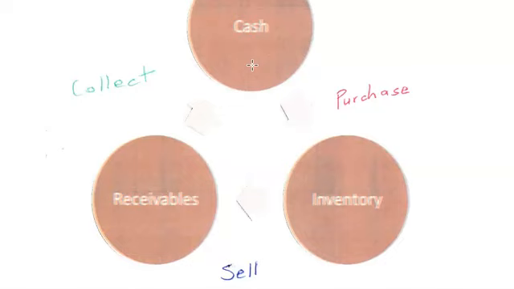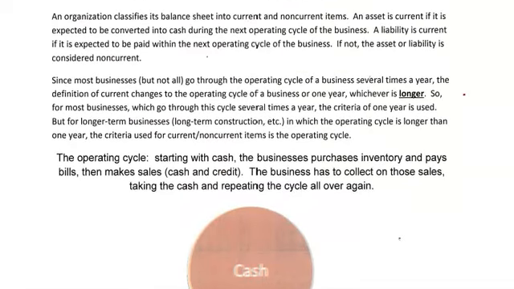So my markup, my gross profit, has to be higher so I can cover my expenses. In a higher-end, higher-dollar, more specialized product, we may not be going through this cycle as often as with a high-volume, low-margin product, where we've got to turn it and go through this cycle a lot more often if we're going to make a profit, pay our expenses, and stay in business.